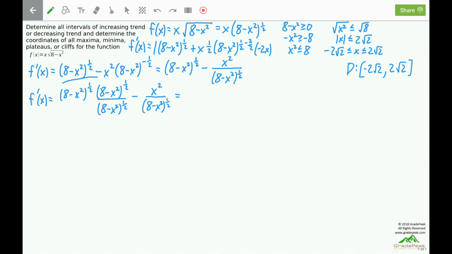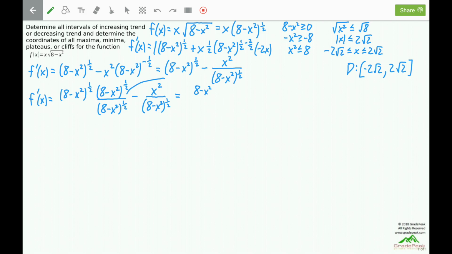We can now multiply the expressions in the numerator of the first term. 8 minus x squared to the 1/2 power times itself. Since the bases match, we can add the exponents. 1/2 plus 1/2 is 2/2 or first power. So that will just become 8 minus x squared.